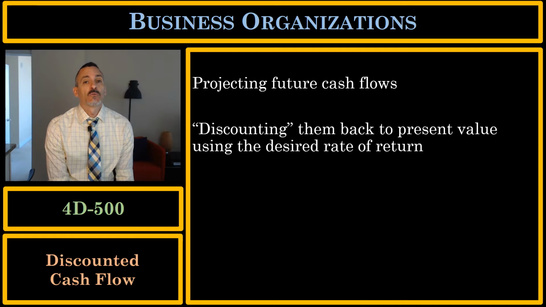That's the rate of return we wanted. We took those future cash flows, plugged them into our formula, discounted them back to present value using the 15% rate of return, and we came up with a value of the company of about $876,000. That is discounted cash flow. There are other ways that parties might value a company.